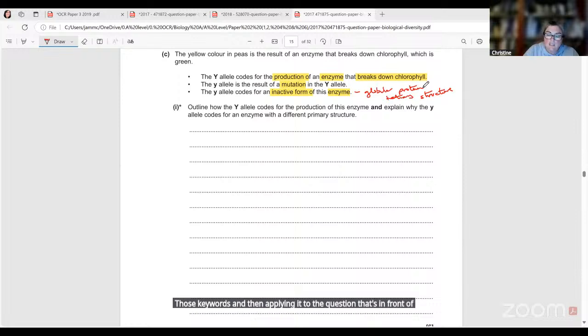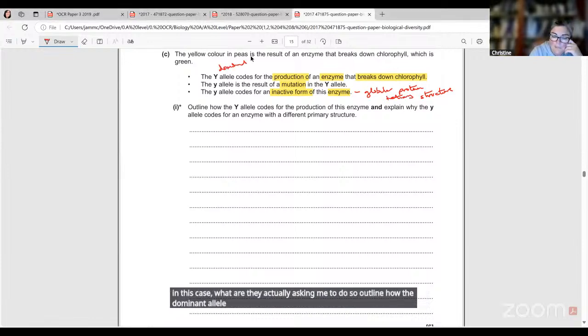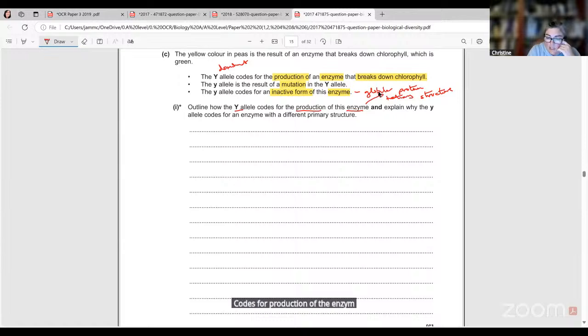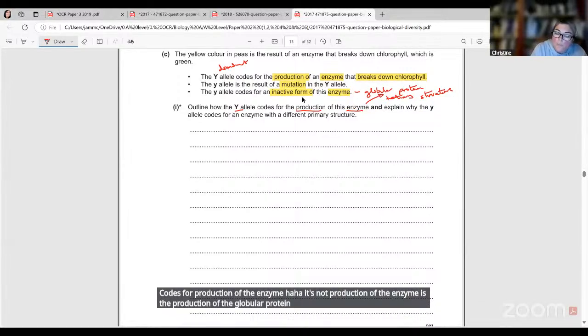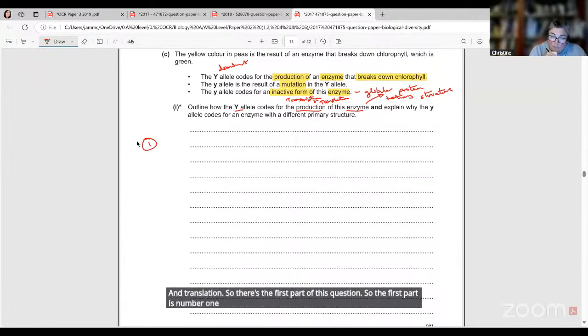So in this case, what are they actually asking me to do? So outline how the dominant allele, because they've said the capital Y allele, codes for production of the enzyme. Actually, it's not production of the enzyme, it's the production of the globular protein. So therefore, production is transcription and translation. So there's the first part of this question. So the first part is, number one, the coding, genetic code.